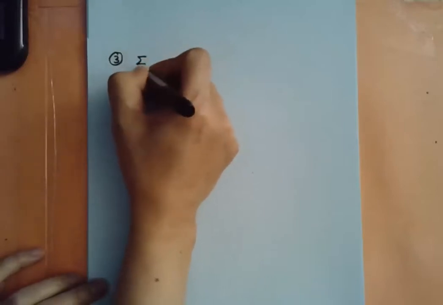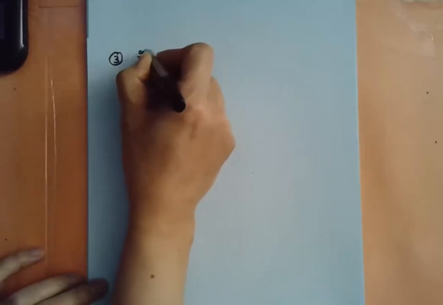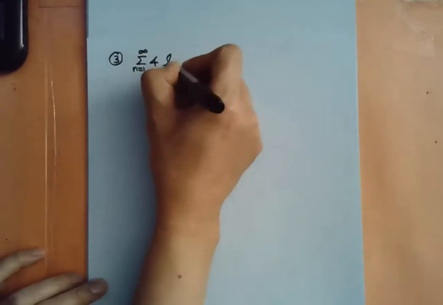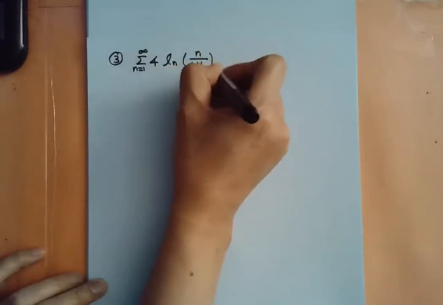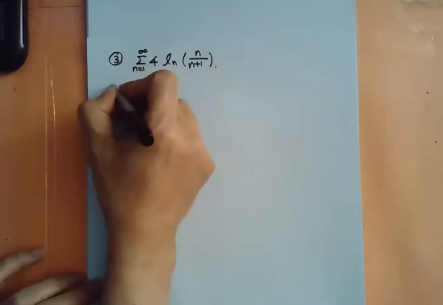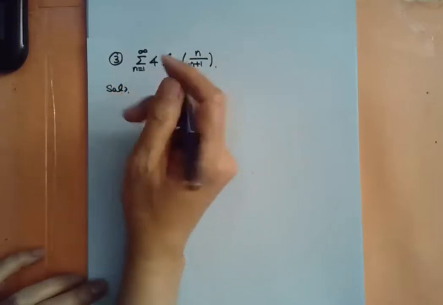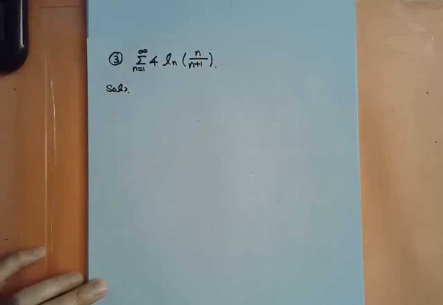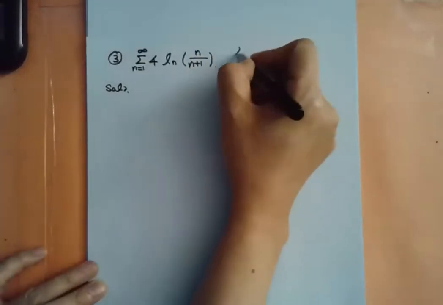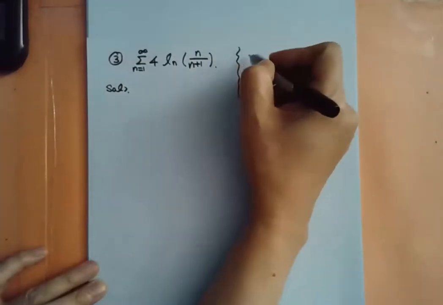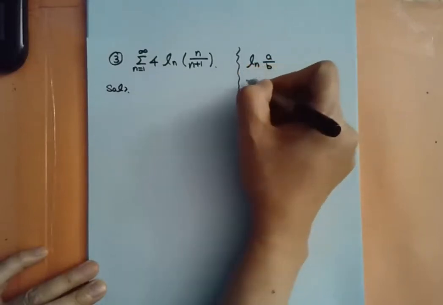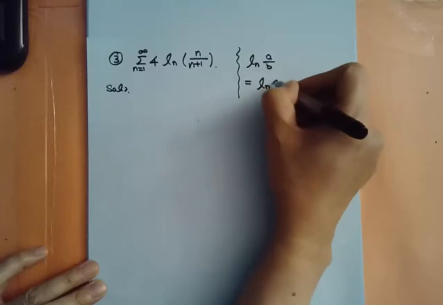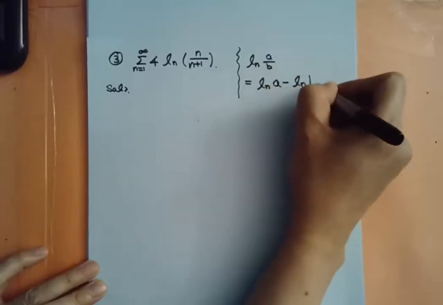So summation n equals 1 to infinity, 4 times natural log of n over n plus 1. So natural log of a over b equals natural log of a minus natural log of b.